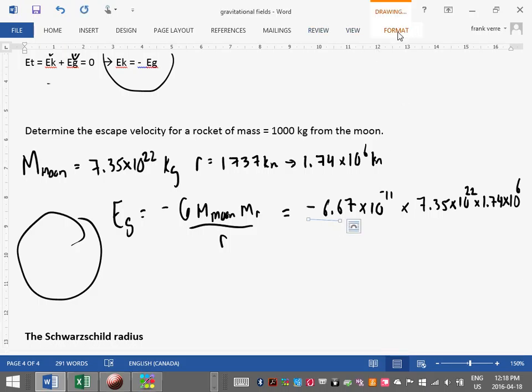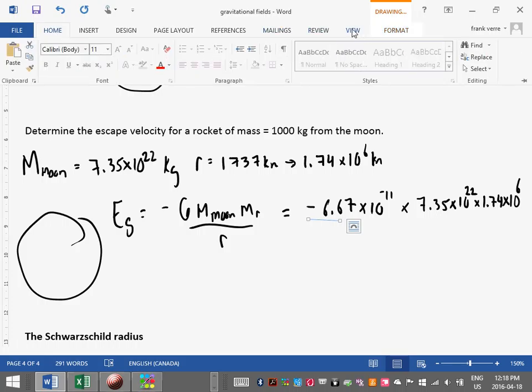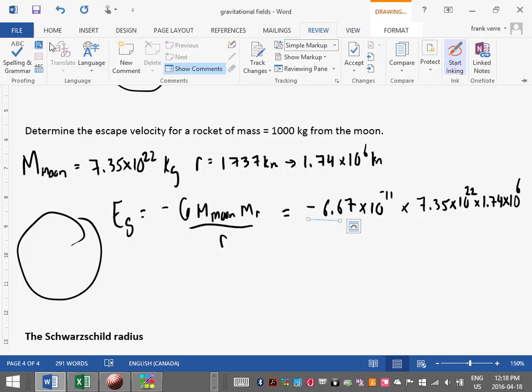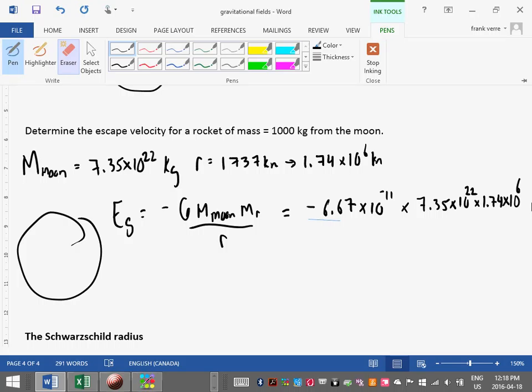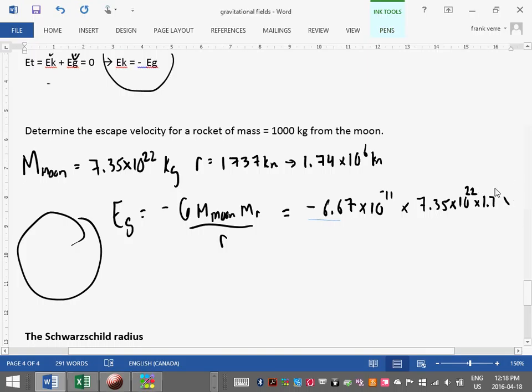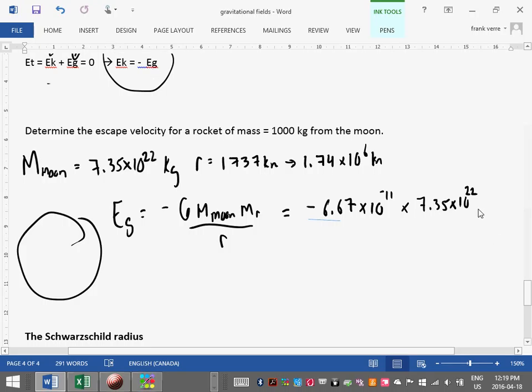Not the radius of the moon, the mass of the moon, times the mass of the rocket. The rocket is 1,000 kilograms. Okay.